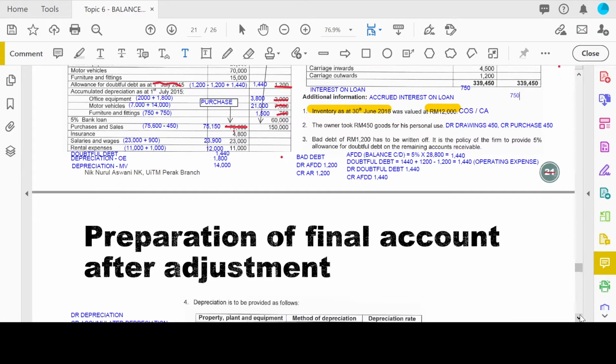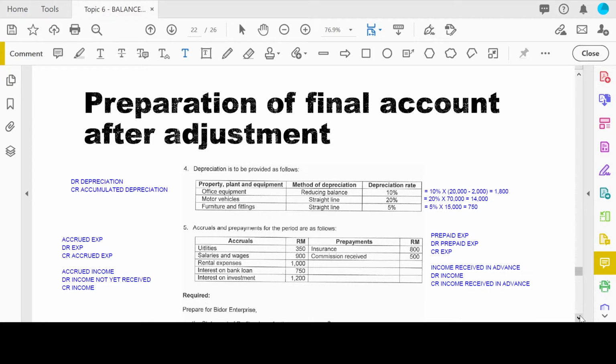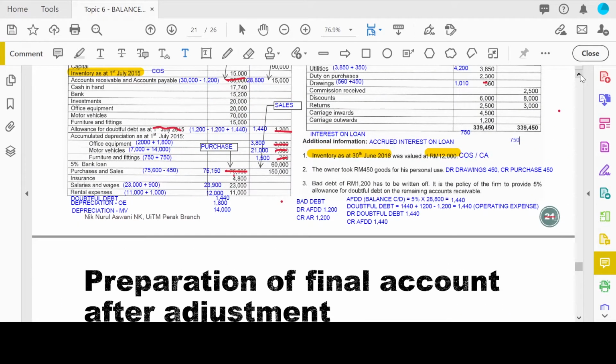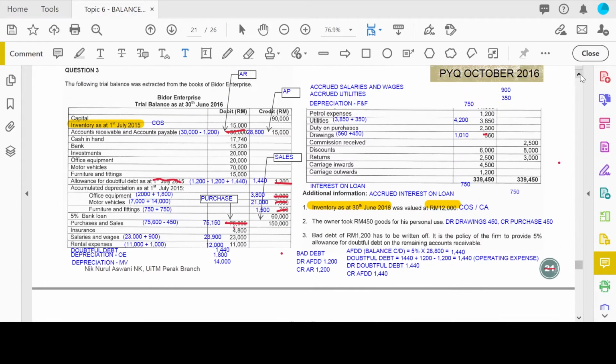And then we do have another one, which is interest on investment. Meaning the amount of revenue: you have an investment, and at the end of the year you receive interest. So that would be your income, interest on investment, 1,200. So search for any interest on investment. Do we have any interest on investment account here?